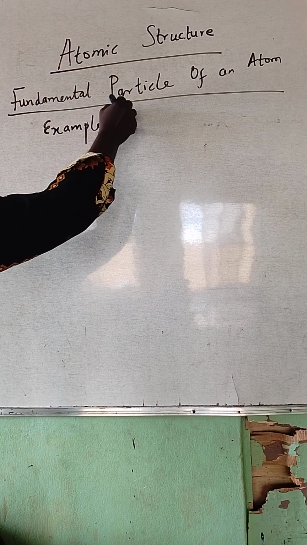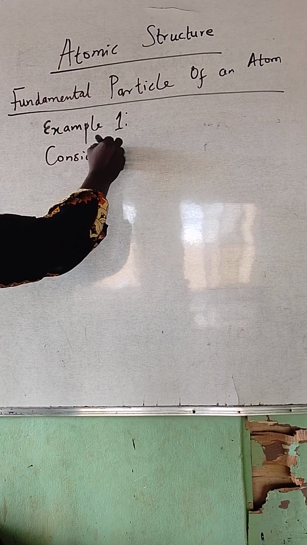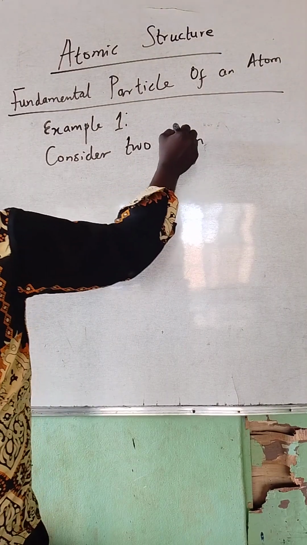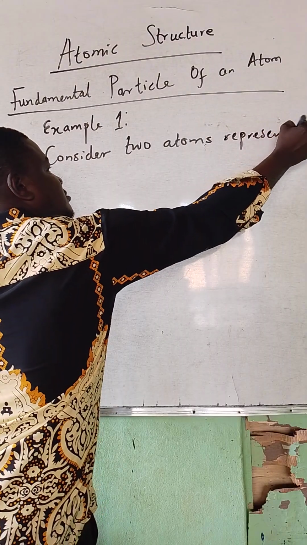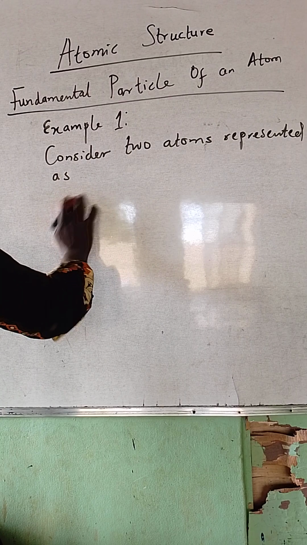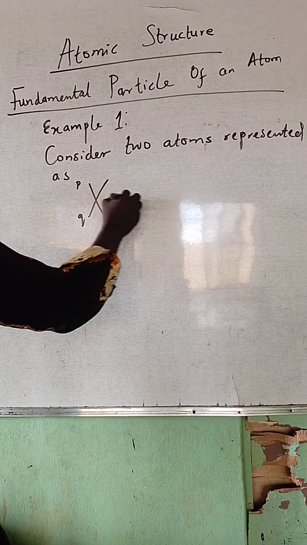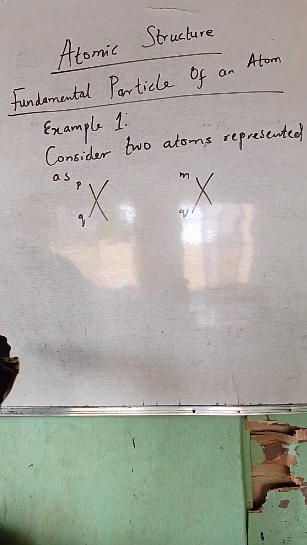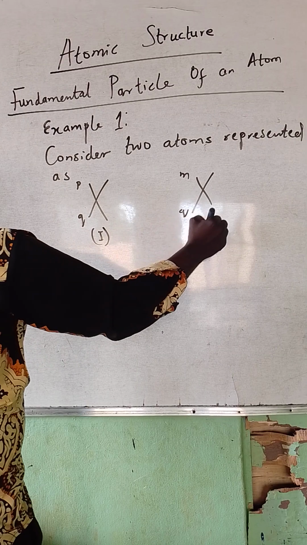Example 1. Consider two atoms represented as Q. Now, this formula 1 and 2.